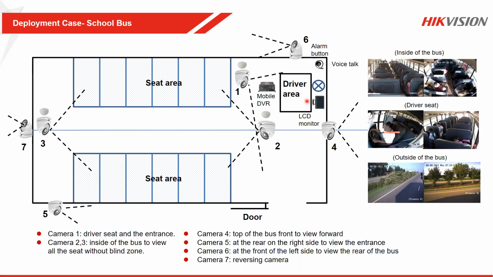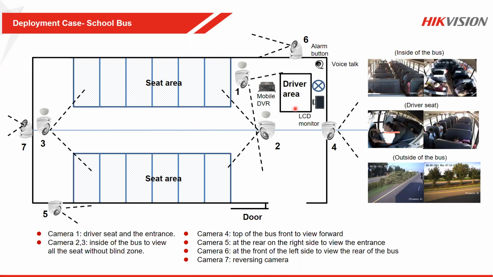Again, you could have a camera facing forward, an outdoor rear camera, side cameras, and cameras monitoring the seating area to monitor incidents like bullying or incidents between boys and girls.